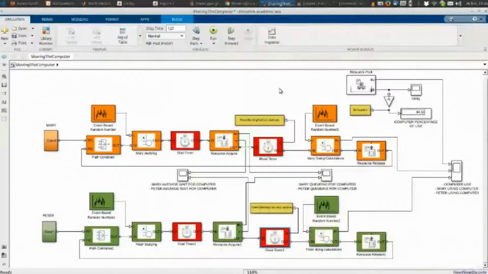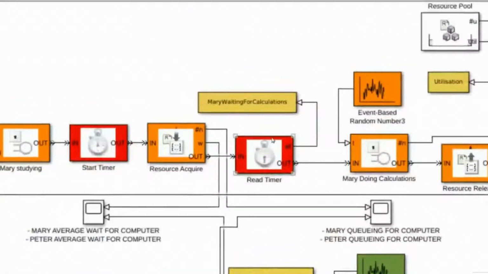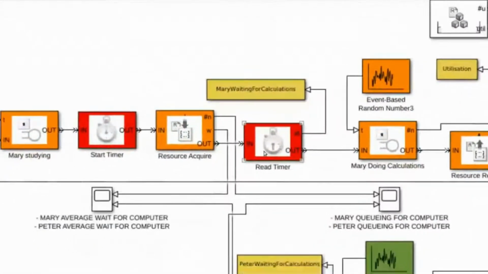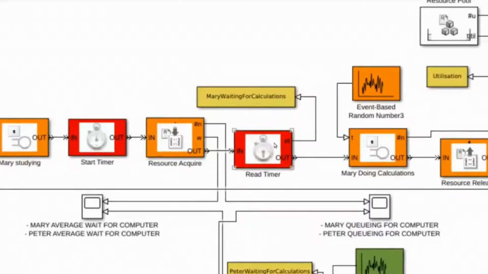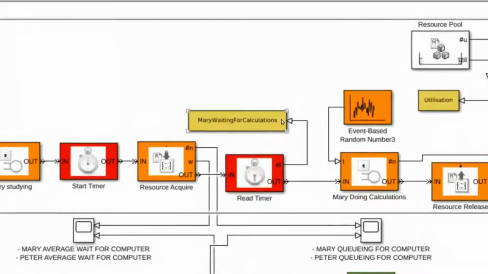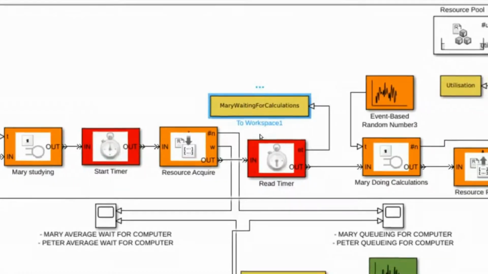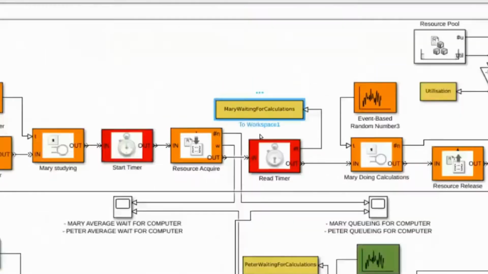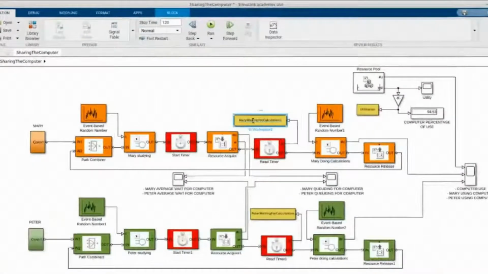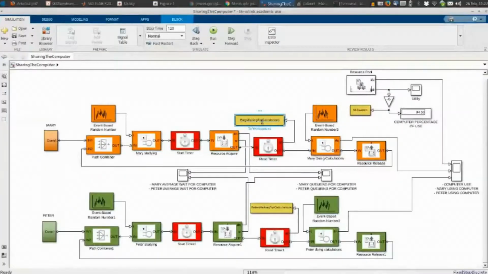And here, as you can see, some information from this block will be sent to a To Workspace block. If I click here, this is a To Workspace block. So this will be some information that will be recorded in the workspace.